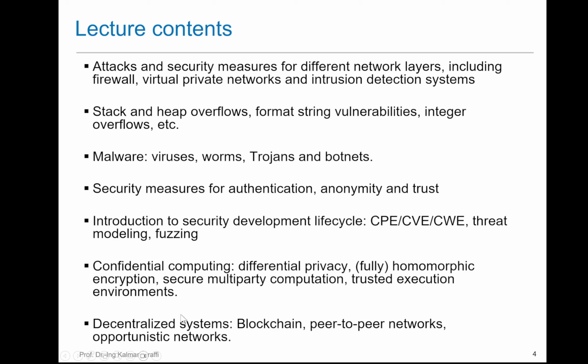And at the end we come to, so the plan was to have confidential computing, so to go more into detail about how to compute on secure data, on private data without having access to it. That will be some kind of also element in this lecture. But basically the goal is always to have a look at what kind of security properties will we have in networked systems.